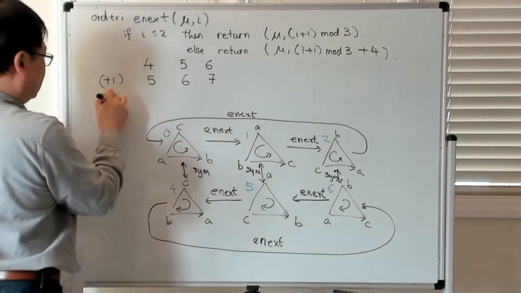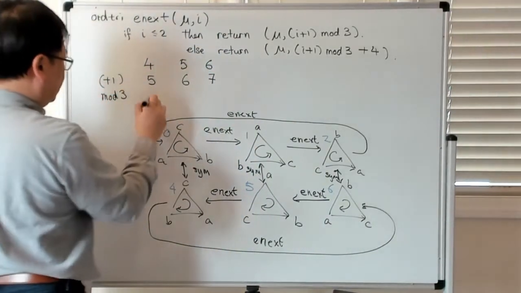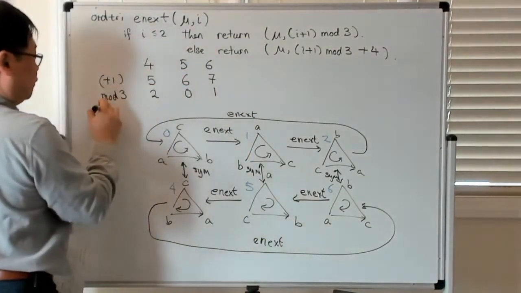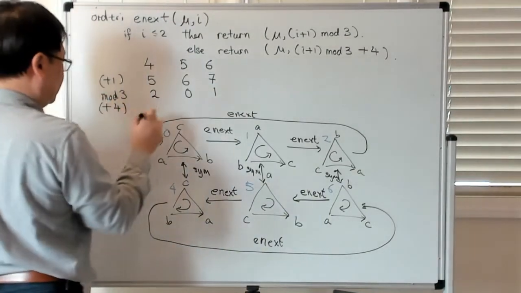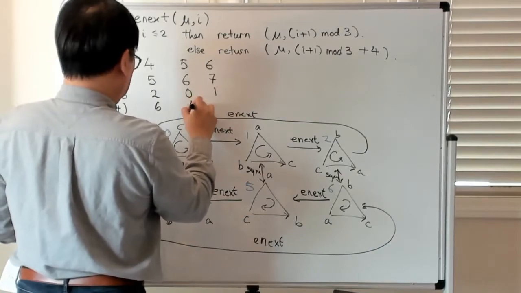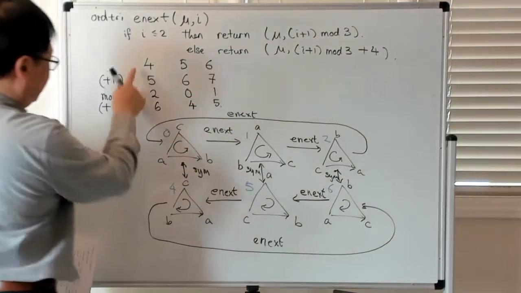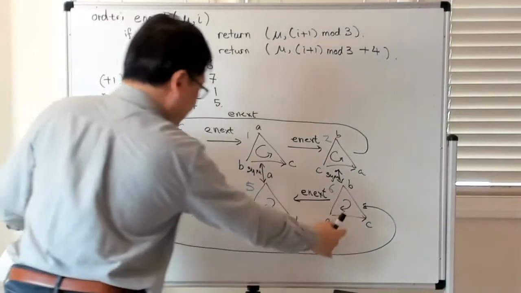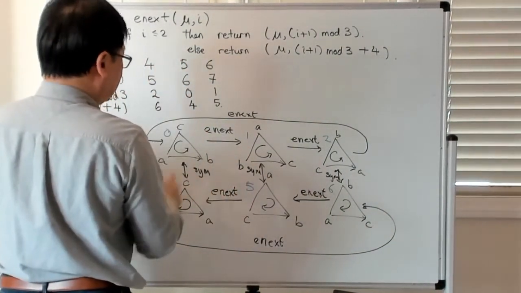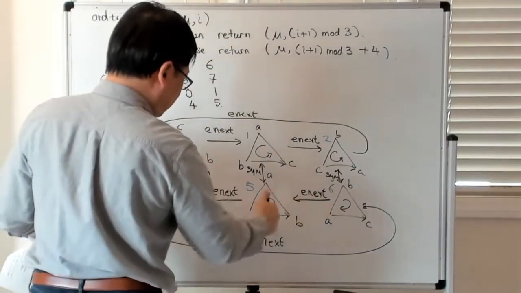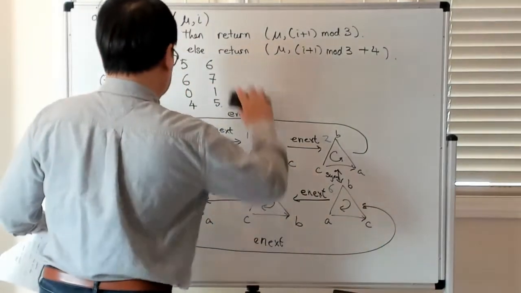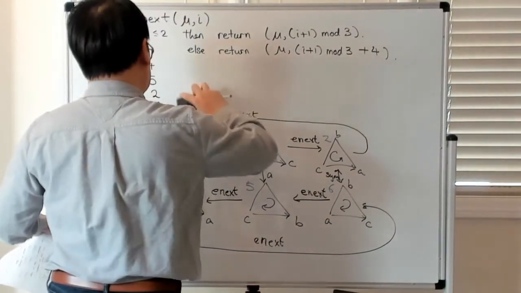If you do mod 3, you get 2, 0, and 1. And then if you add 4 to it, you get 6, 4, and 5. So 4 maps to 6, 5 maps to 4, and 6 maps to 5. So it actually does work, even though it may not be so obvious. That's just to convince you that it's correct.